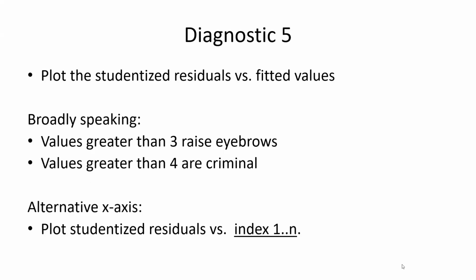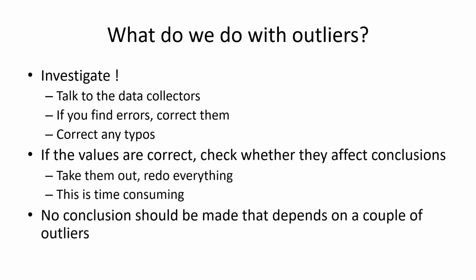It is possible to plot this as a diagnostic, so studentized residuals versus fitted values, and instead of plotting versus fitted values, you could plot it versus an index, whatever helps you in the context of the problem.